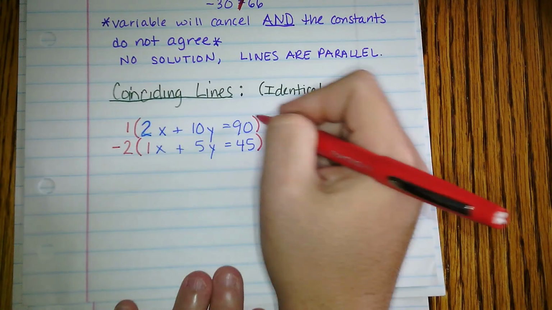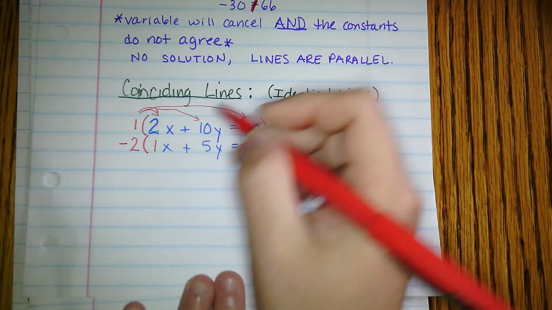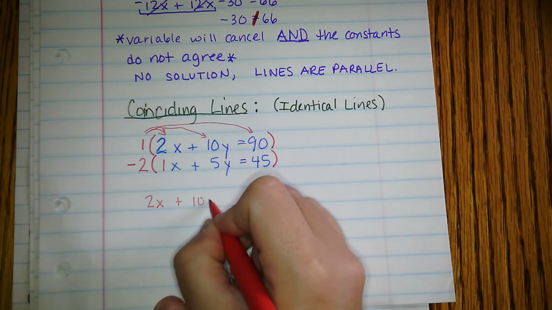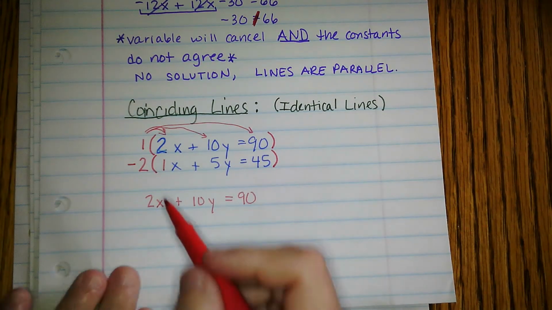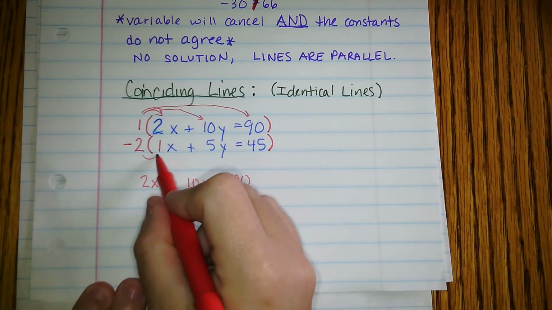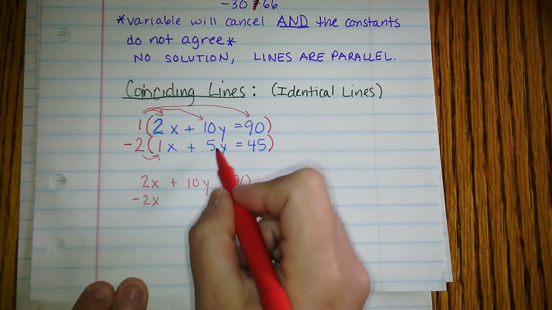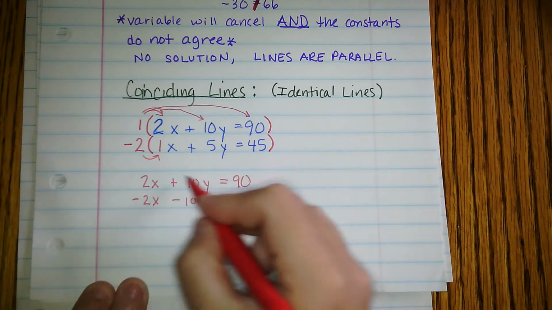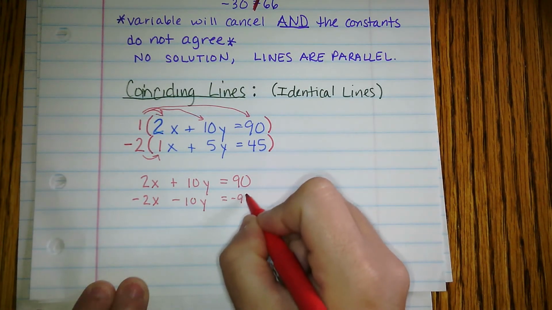The top one, I'm distributing the 1 and nothing really happens. We're just going to rewrite it: 1 times 2x, 1 times 10y, and 1 times 90. And the bottom one, I'm going to multiply everything across by -2. -2 times 1x is -2x. -2 times 5y is -10y. And -2 times 45 is -90.